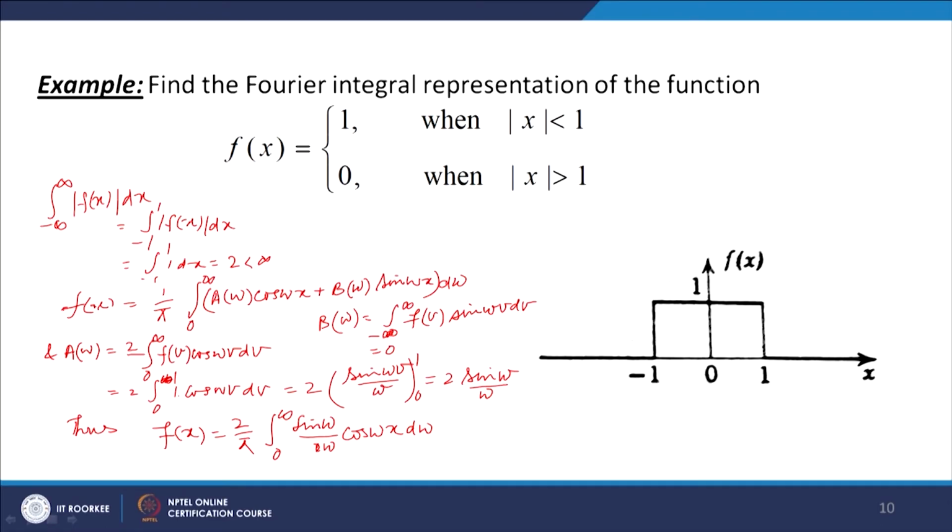And if you look at the interval minus 1 to 1, it is discontinuous at minus 1, and it is discontinuous at 1. So, the points of discontinuity are x equal to plus minus 1, not 0. At x equal to 0 it is continuous. So, these are our points of discontinuity.